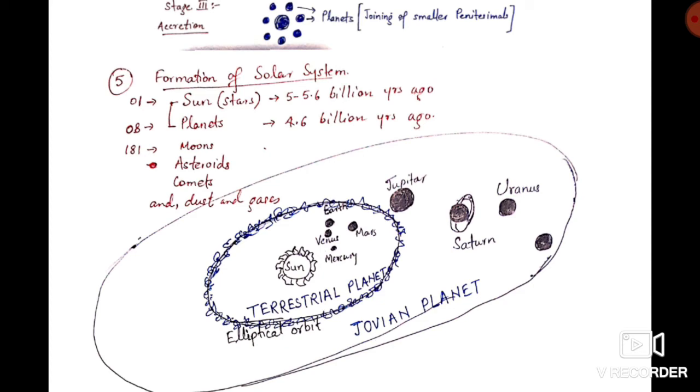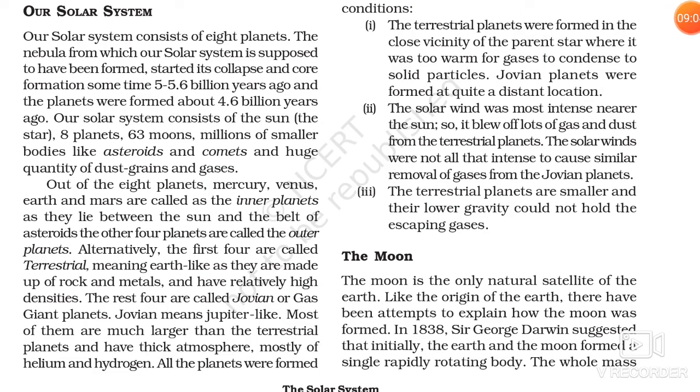First, the terrestrial planets were close to the parent star, that is sun, and were too hot because of their proximity to the sun, and for this reason it was very difficult for the terrestrial planets to condense gases in their atmosphere.